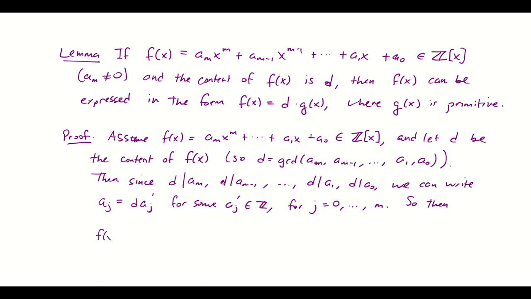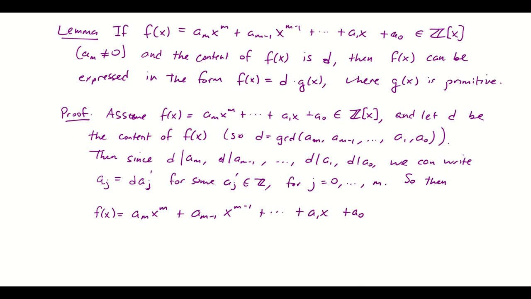f of x is equal to a_m x to the m plus a_{m-1} x to the m minus 1, etc., down to a_1 x plus a_0. And the next line, that is also equal to d a_m prime x to the m plus d a_{m-1} prime x to the m minus 1, etc., down to d a_1 prime x plus d a_0 prime.